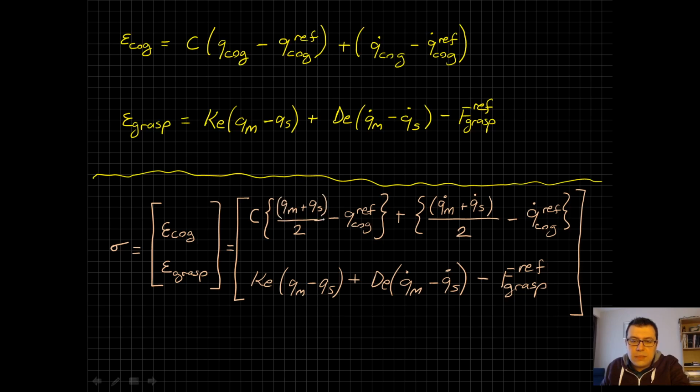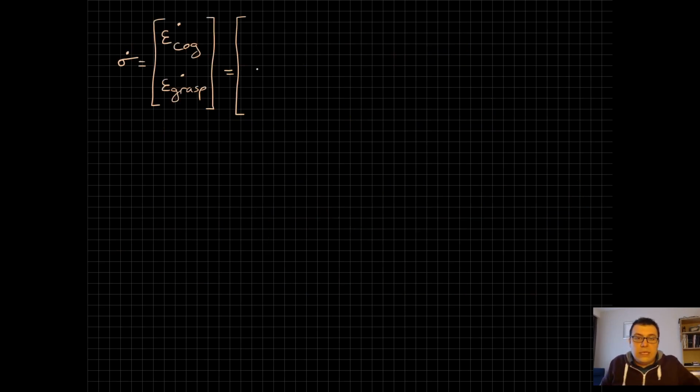This is much better. Okay, so that is C times, in curly brackets, Qm dot plus Qs dot, over 2.